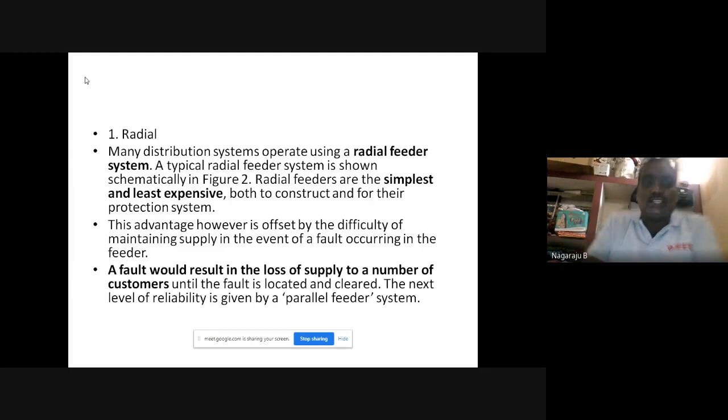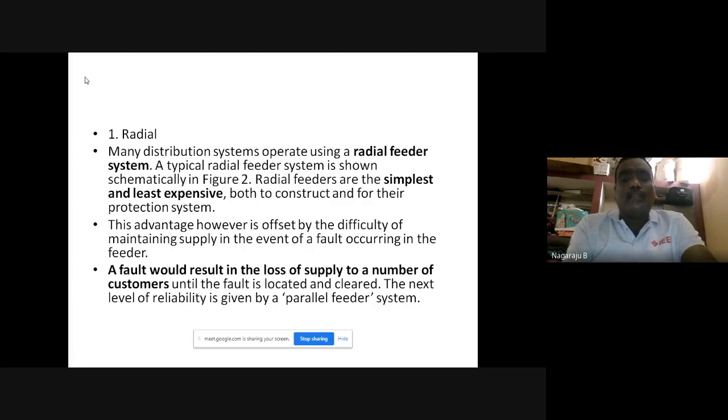The advantage, however, is offset by the difficulty of maintaining the supply in the event of a fault occurring in the feeder. A fault will result in the loss of supply to a number of customers until the fault is located and cleared.